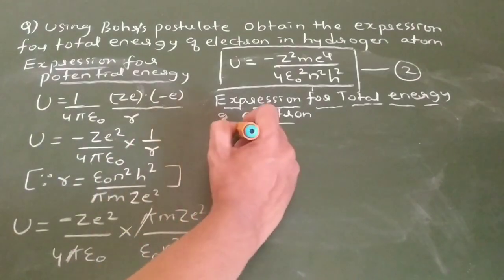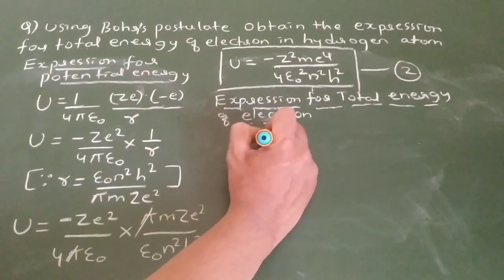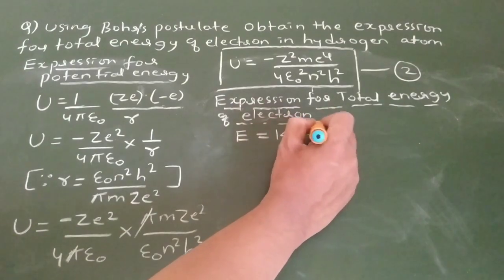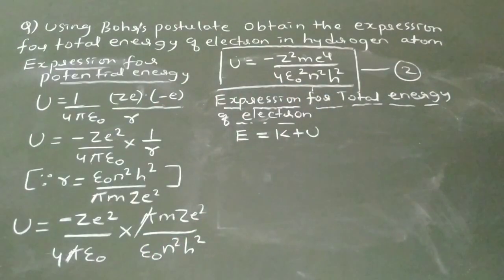Total energy E is given by K plus U. Are you getting that? What is K? What is U? Let us try to understand.